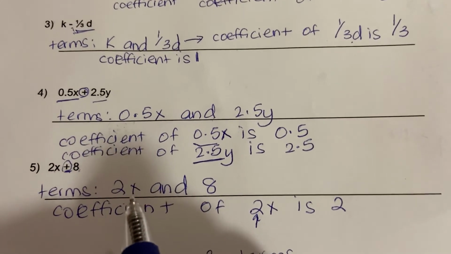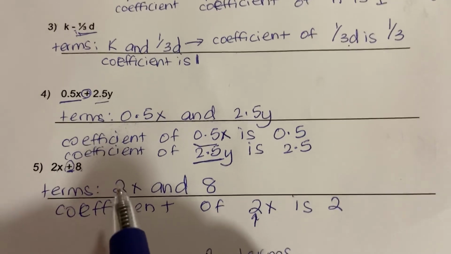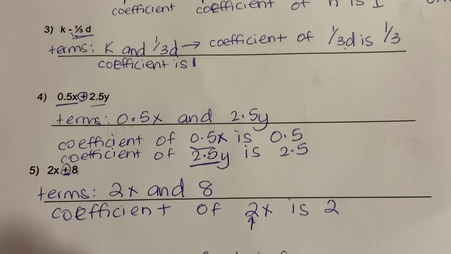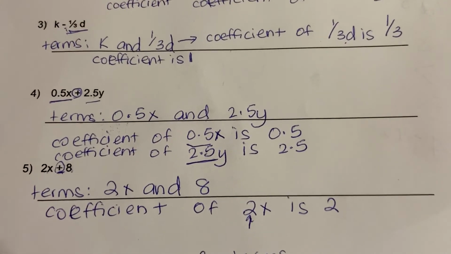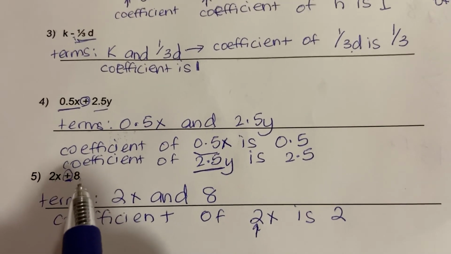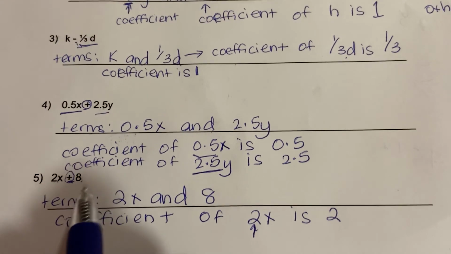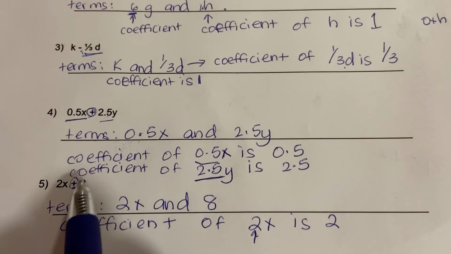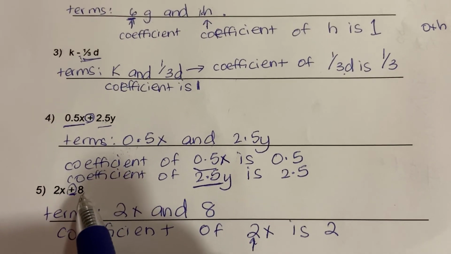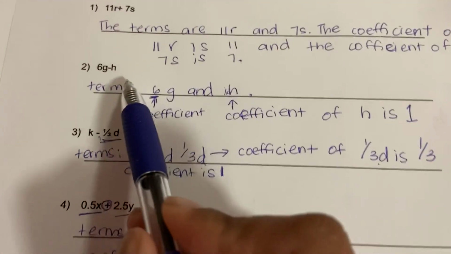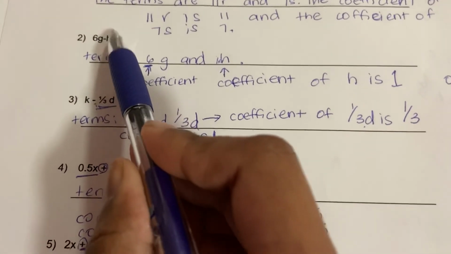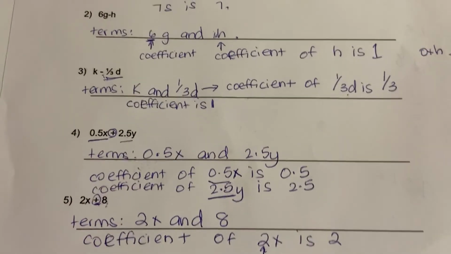But the only coefficient is the 2, because that's the only thing getting multiplied by a variable here. 8 is standing by itself. Whenever you see a number by itself as a term, it's not a coefficient because it's not getting multiplied by a variable. And the last thing you want to know is if you see a variable by itself, the coefficient is 1. There's a 1 in front of it.